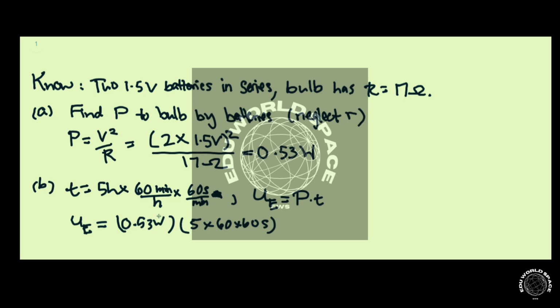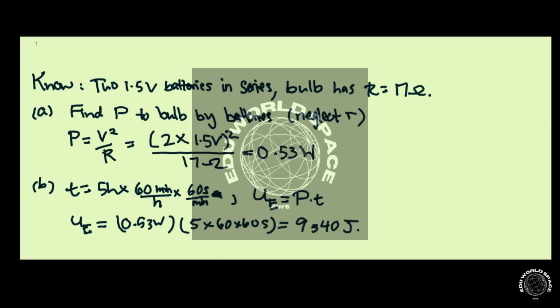And remember that watts is actually joules per second, so the seconds will cancel out, just giving me dimensions of joules, which is the dimension of energy. So when you put all these numbers in your calculator, you find that you have 9,540 joules. And I'd urge you to actually put in the numbers yourself and make sure that I haven't made any mistakes.